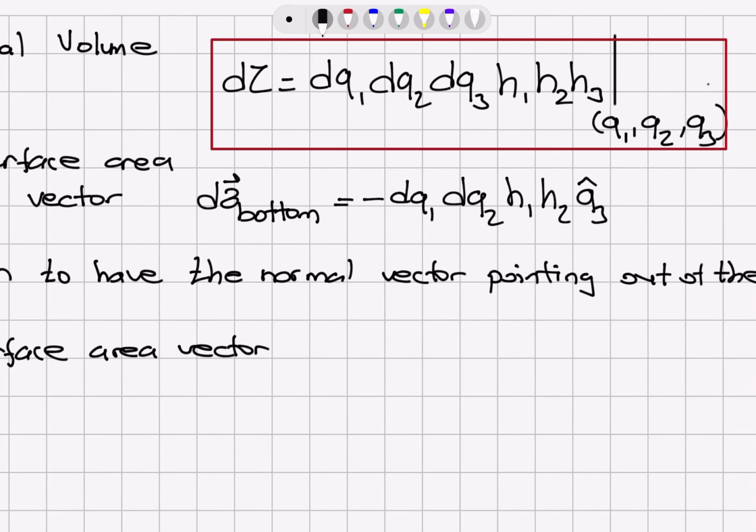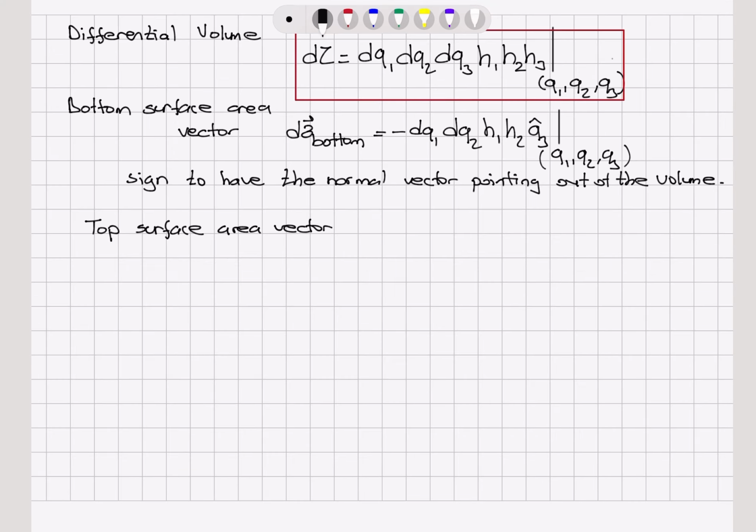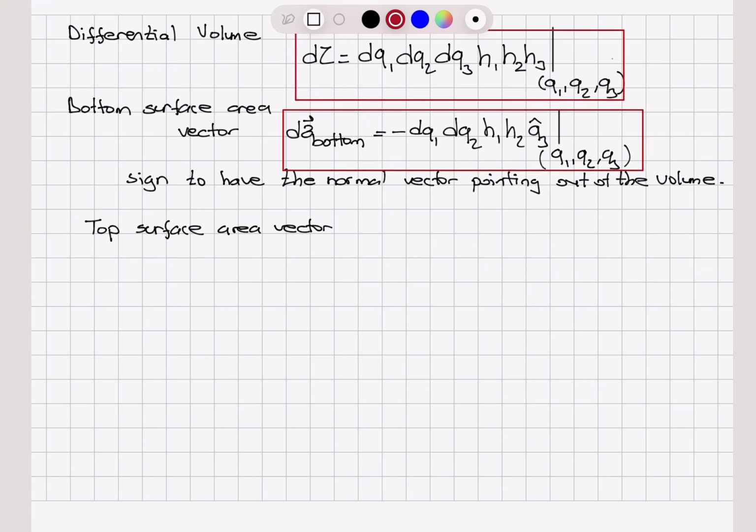So it's in the minus q3 hat direction. Once again, the scale factors are evaluated at the position q1, q2, q3. So that's how I write the bottom surface area vector. And the minus sign is to have the normal vector pointing out of the volume.